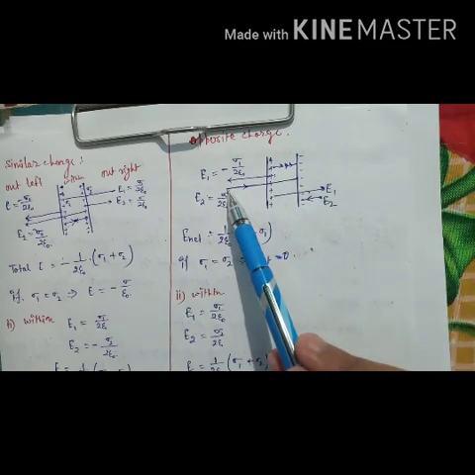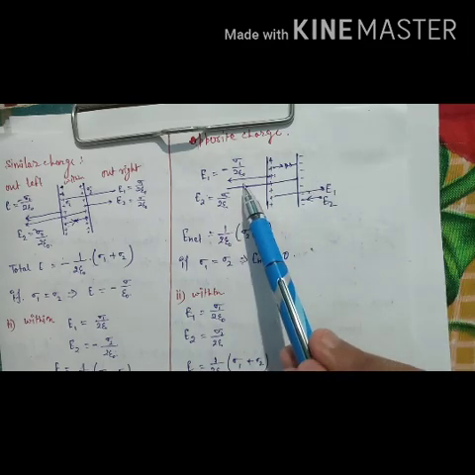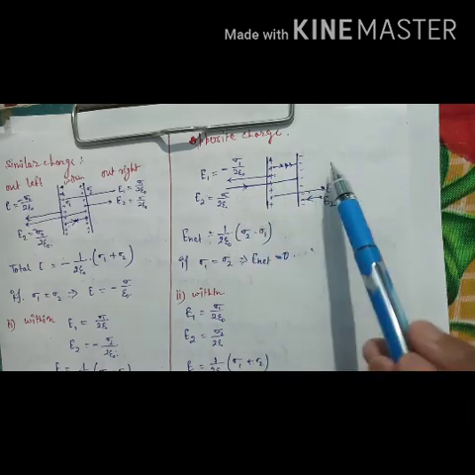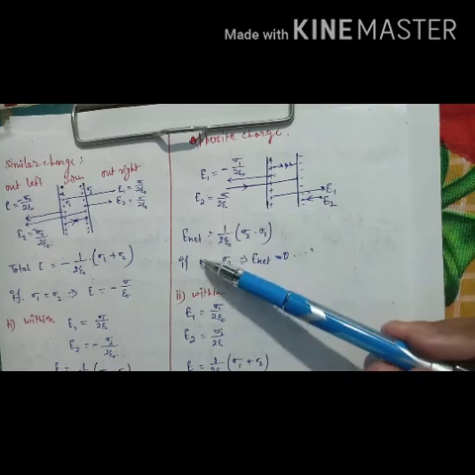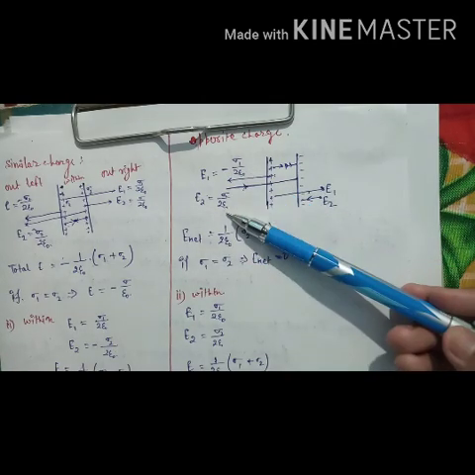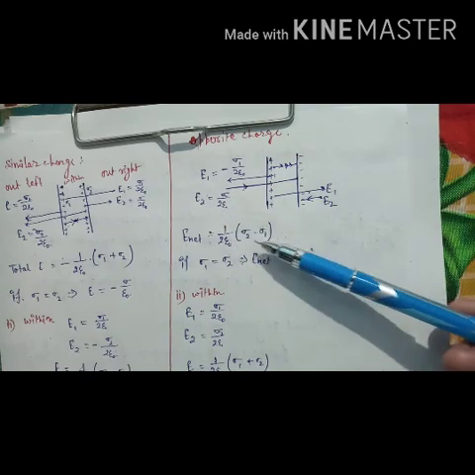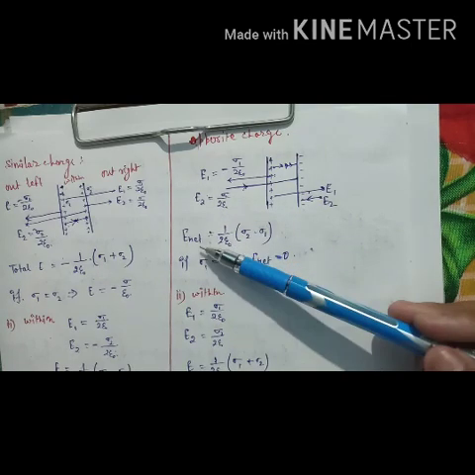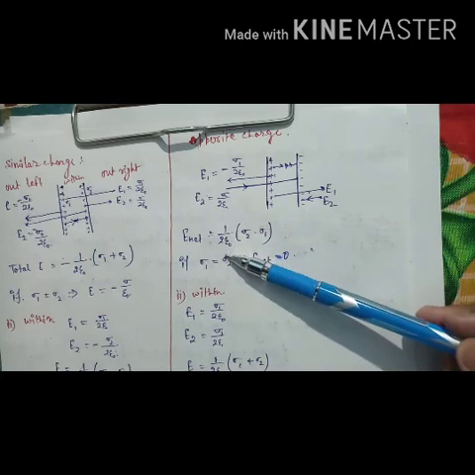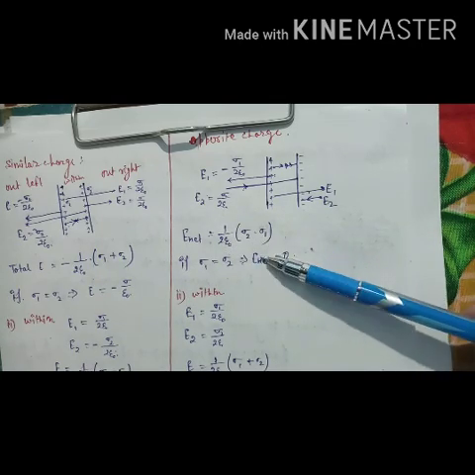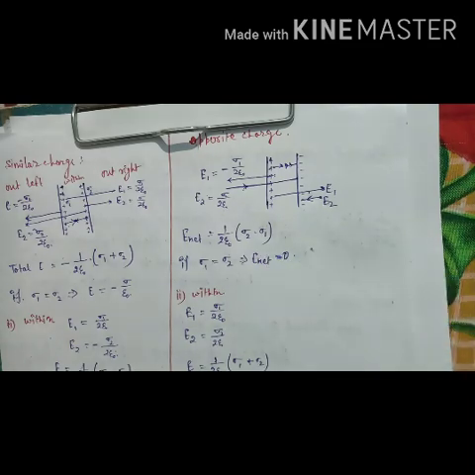So electric field lines are in this direction. That is important, because we know that electric field lines go towards the negative charge. So E net is equal to sigma 1 plus sigma 2. One is negative and another one is positive, so we can write sigma 2 minus sigma 1. So we have E net is equal to 1 upon 2 epsilon naught (sigma 2 minus sigma 1). If sigma 1 is equal to sigma 2, then E net is equal to 0.